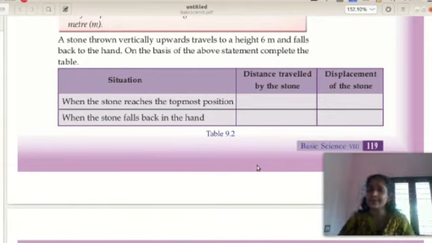If it is the case, what will be the displacement? What will be the distance travelled by the stone?